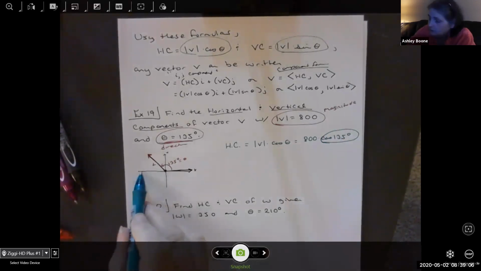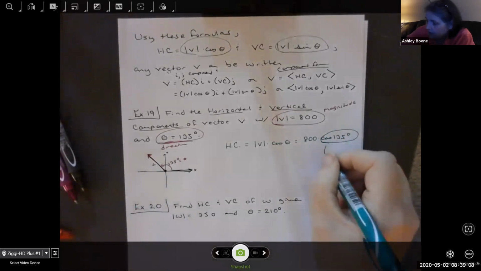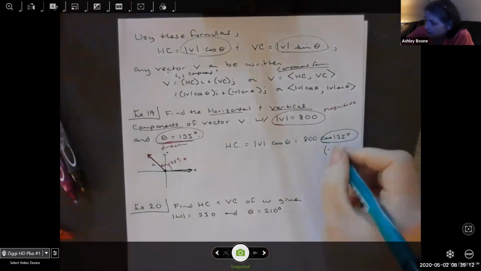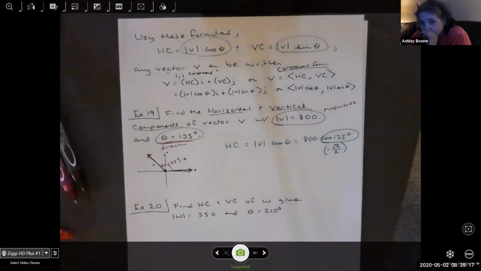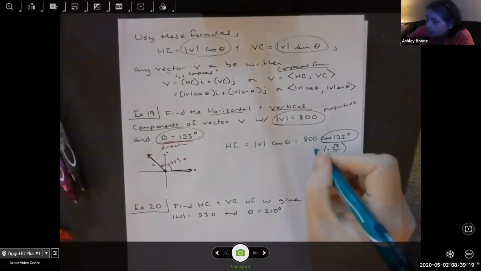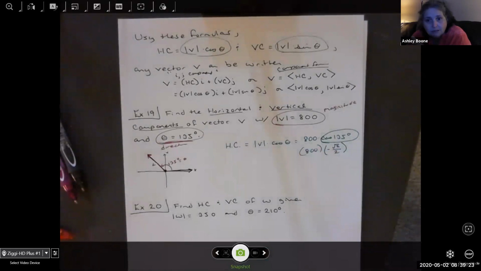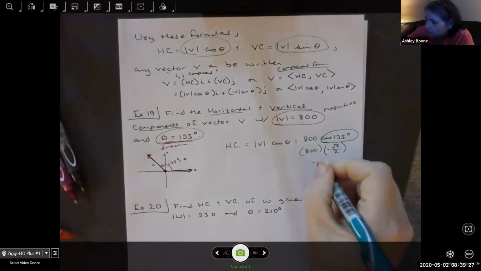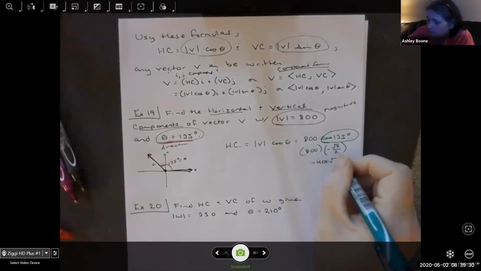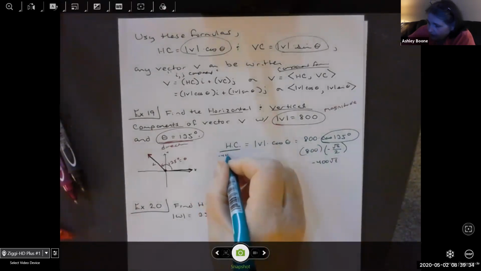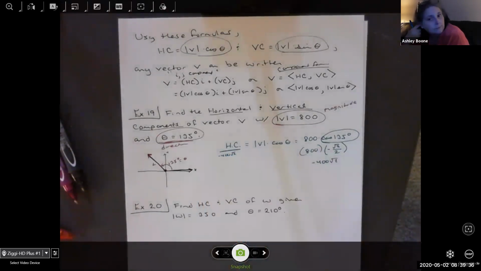Cosine's negative in quadrant 2, so that's going to be a negative. The 135 degree angle has a cosine of root 2 over 2. So we have a cosine of 135 is negative square root of 2 over 2 times 800. And I'll multiply these. 800 times negative root 2 over 2 is a negative 400 square root of 2. So my horizontal component is a negative 400 square root of 2.